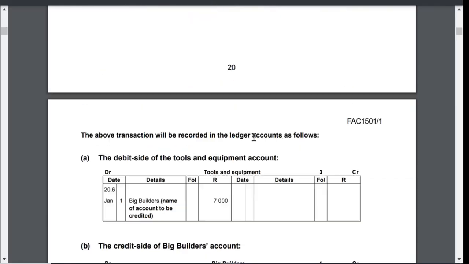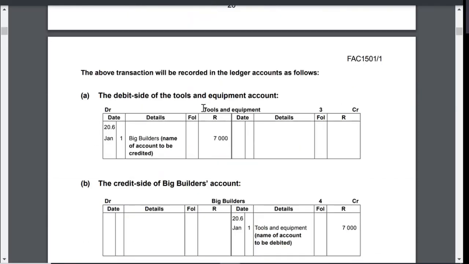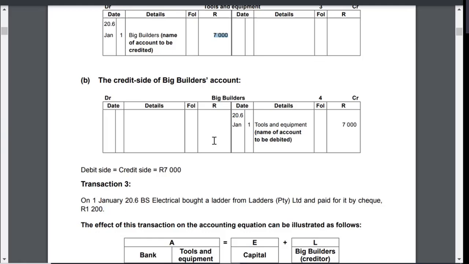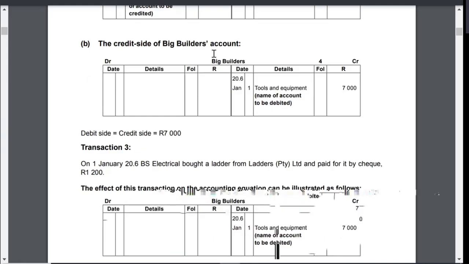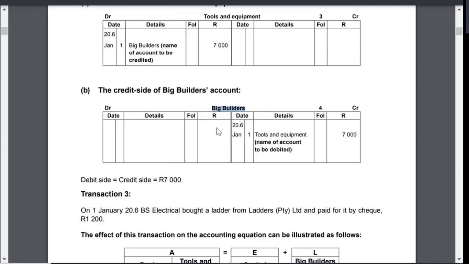Can you see toolbox and equipment? Because toolbox and equipment is an asset, when an asset increases, you debit. That's why it's been debited with 7,000. And also with a creditor called Big Builders, when a liability increases, you credit. That's why it's been credited.